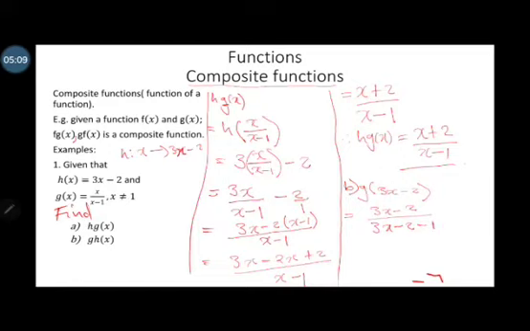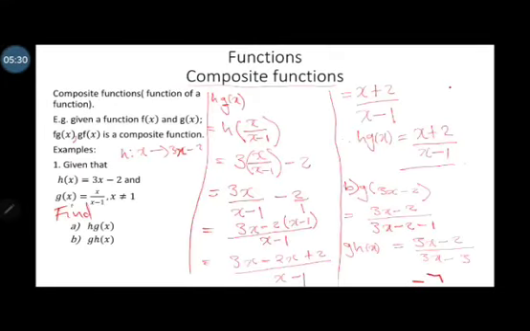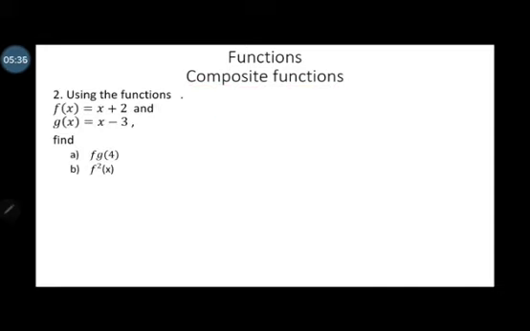And this simply means our gh of x is equal to 3x minus 2 over 3x minus 3. And you can leave it here, or you can factor out the 3.